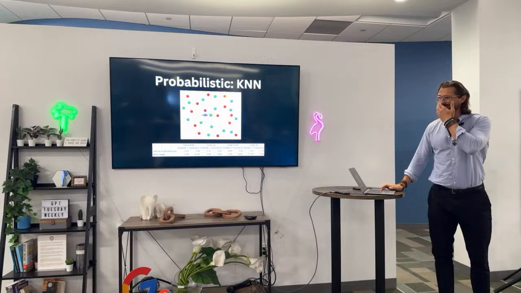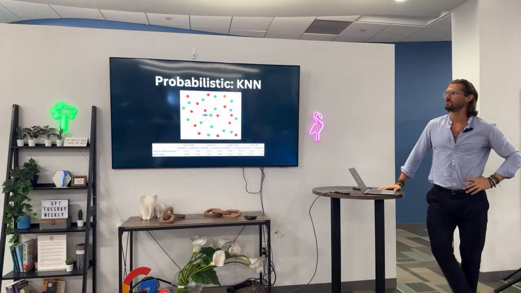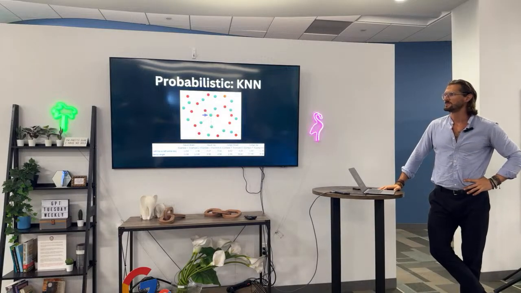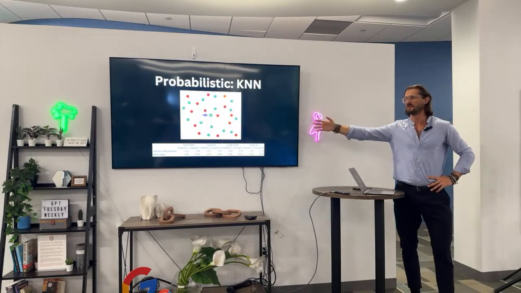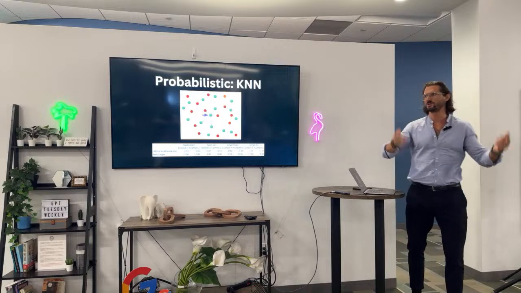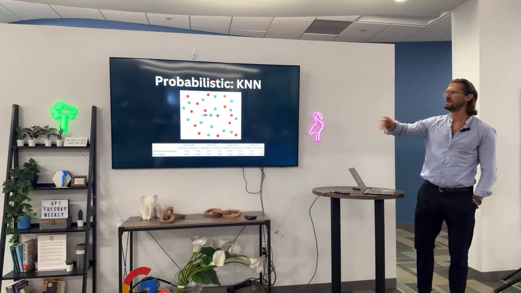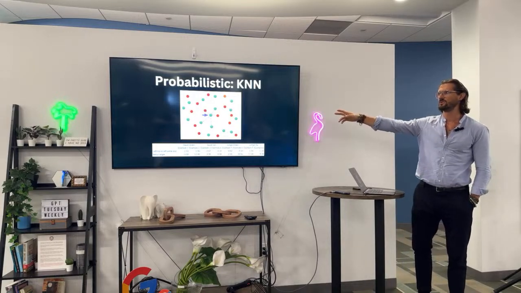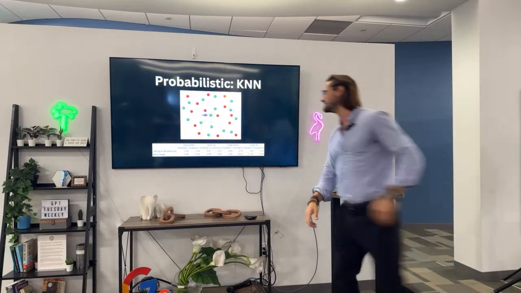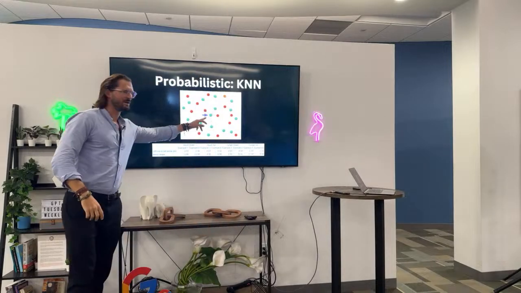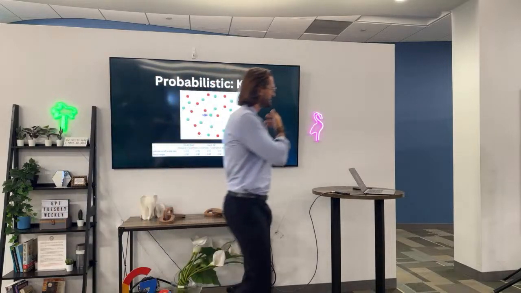Probabilistic model, KNN. I'm not going to go into too much detail, but just to roughly explain the intuition behind it. You have some labeled data points in some multi-dimensional space. Here, there's a two-dimensional space, and you've got green and red dots, labeled green or red. The idea is you want to label this one in the middle, your new observation. It's k nearest neighbors.